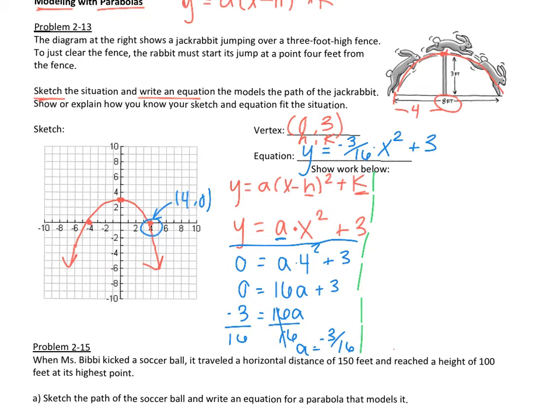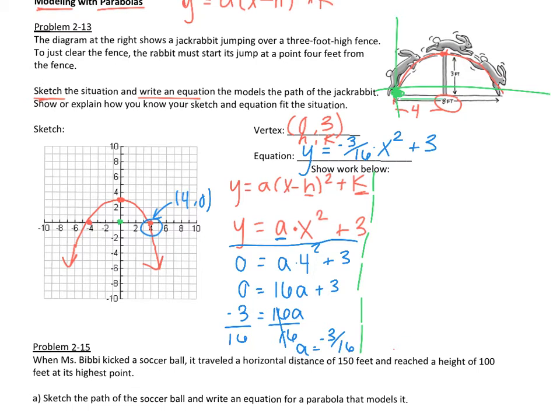So let's say that instead of forming my graph like this, where I had the vertex at 0, 3, what if I made the start of the jump over here, where the rabbit starts, what if I made that the origin? So let's say he was starting to jump right here. And that means the point 0, 0 is on my graph, and I'm doing that intentionally.